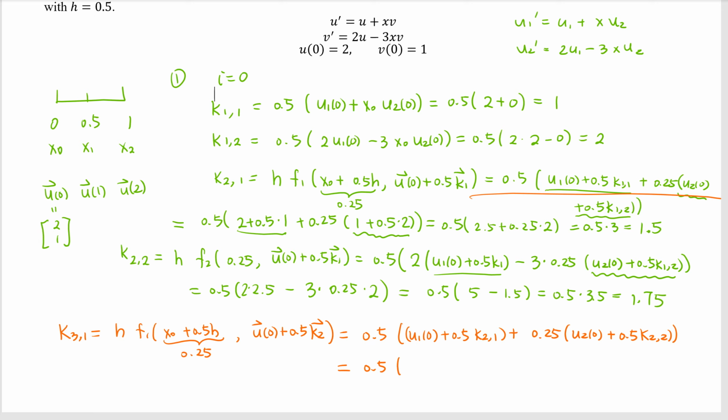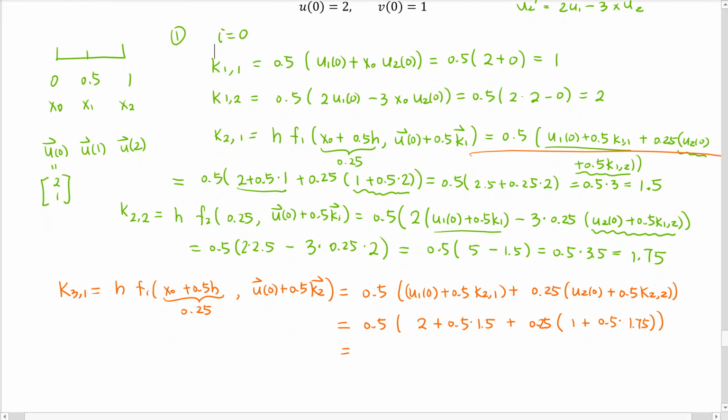So, this guy, 2 plus 0.5 times k21 is 1.5. 0.25 u2 0 is, let's see, u2 0 is 1, right? And then we have 0.5 of k22 is 1.75.